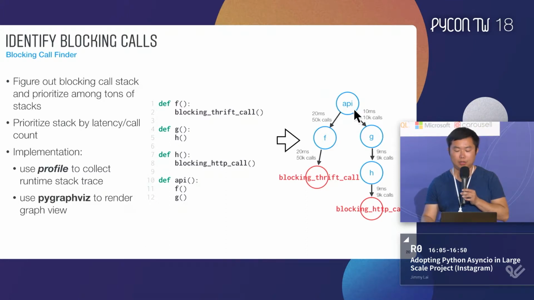So we should work on the API F stack first. The way we implement this blocking call finder is we build a provider to collect the stack trace at runtime, and then we use PyGraph to render the graph view. With this, we can easily identify the action items.